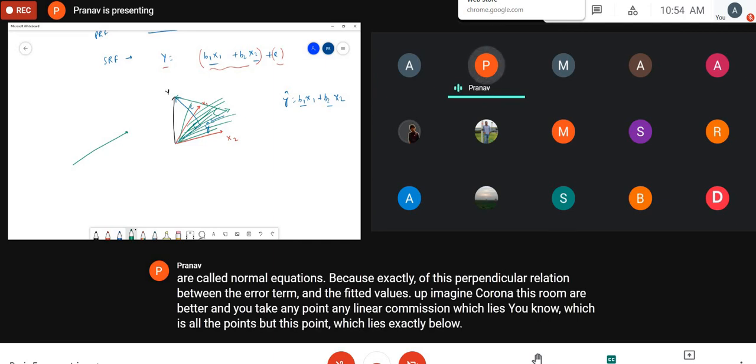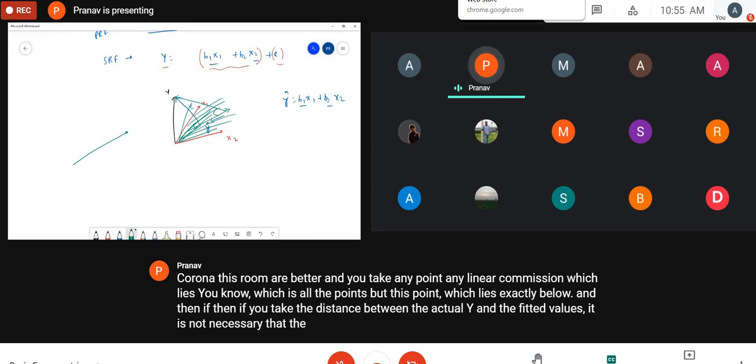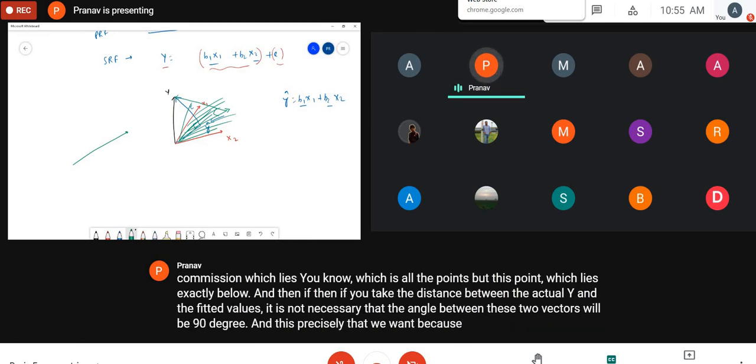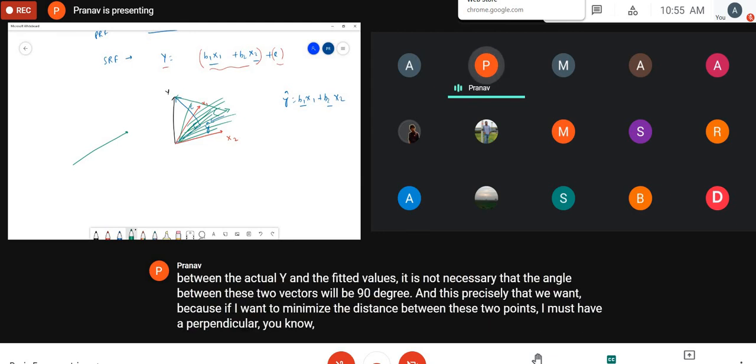If you take the distance between the actual y and the fitted values, it is not necessary that the angle between these two vectors will be 90 degree. And that is precisely what we want, because if I want to minimize the distance between these two points, I must have a perpendicular, or an angle of 90 degree between these two vectors.